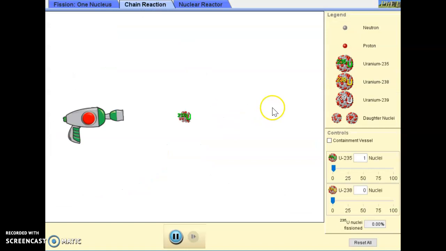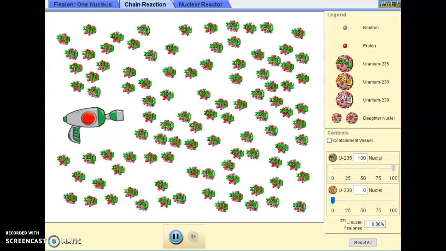We can turn this into a chain reaction, which is what happens when you have many of these atoms together. So I'll go ahead and I'll make this one 100% uranium-235. And before I shoot, I want you to predict what do you think is going to happen when I hit the button. Think about it.